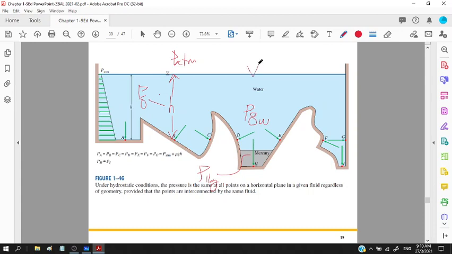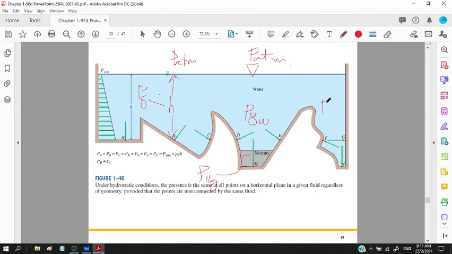Apart from that, we also have a P atmospheric right here. So what is our pH? pH is equal to P gauge for mercury plus P gauge for water, plus the P atmospheric. Whereby for the PI right here, we only have one liquid and atmospheric.